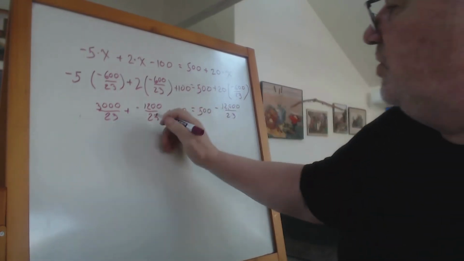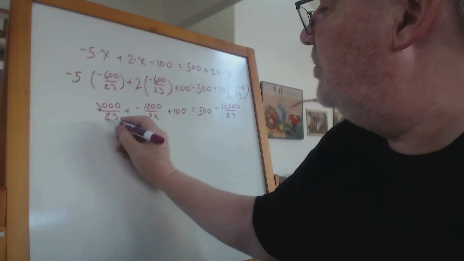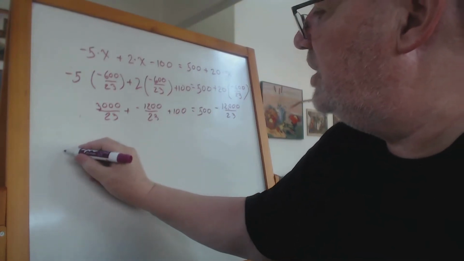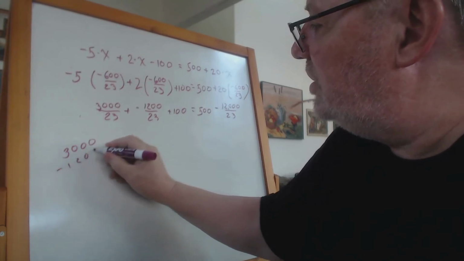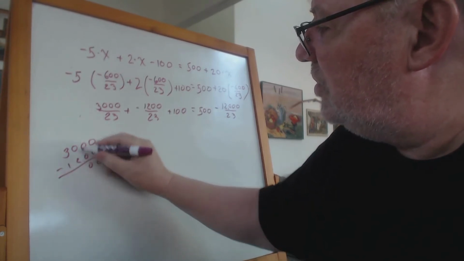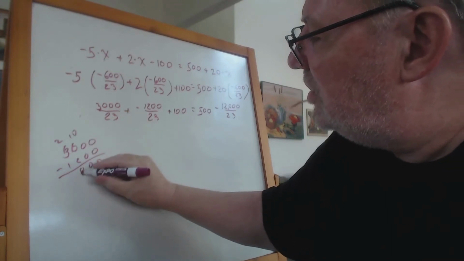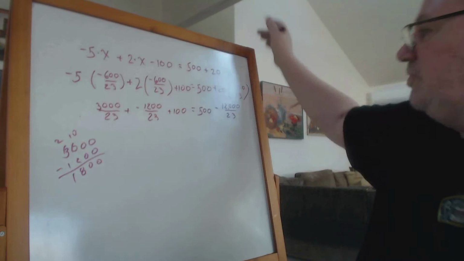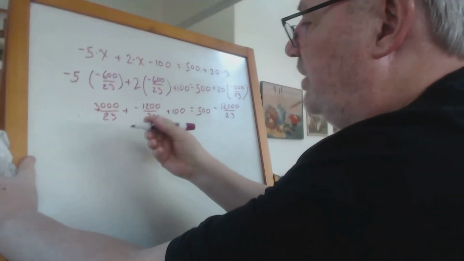These are over the same denominator, so 3,000 minus 1,200, that's 1,800. So that's equal to 1,800 over 23.